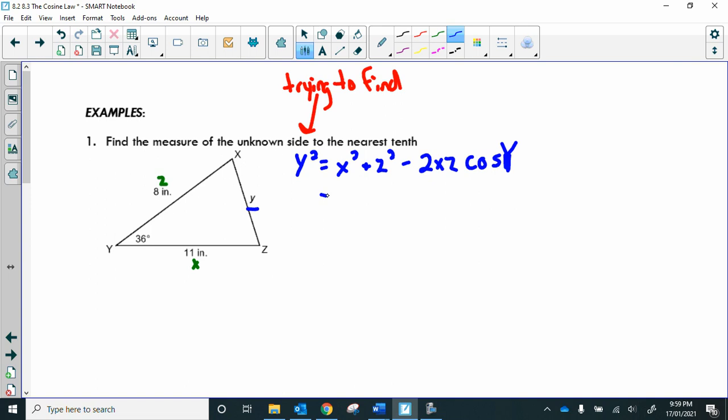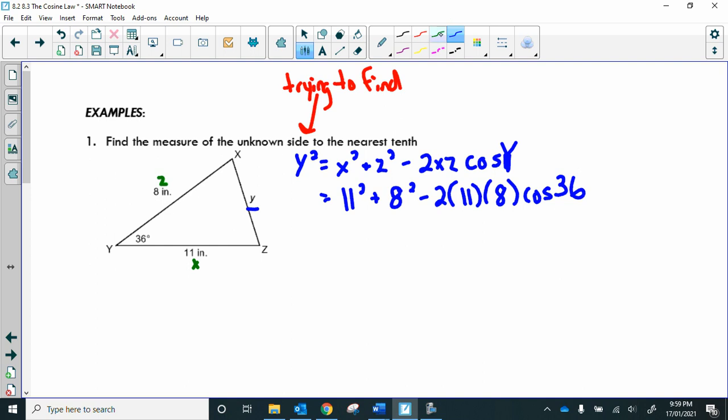Okay, so we're going to fill in everything we know. X is 11, so 11 squared. Z is 8. Again, X is 11. Z is 8. And capital Y is 36 degrees, so cos 36.